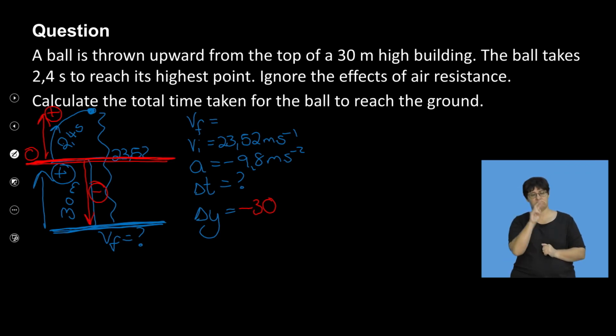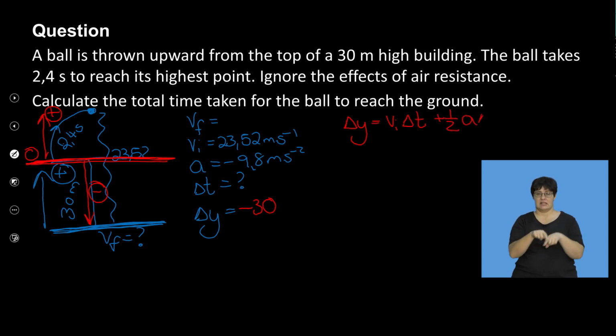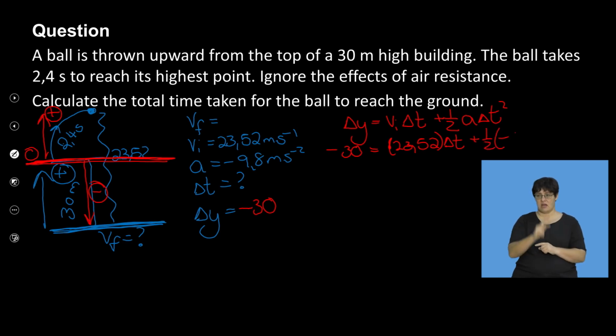We look at this and we go, it's not the nicest equation, but we can use it. Because now we can use delta Y equals VI delta T plus a half A delta T squared. We have minus 30 equals 23.52 times delta T plus a half times minus 9.8 times delta T squared. And right about now, the wheels fall off. Now we look at this and we go, that's impossible.